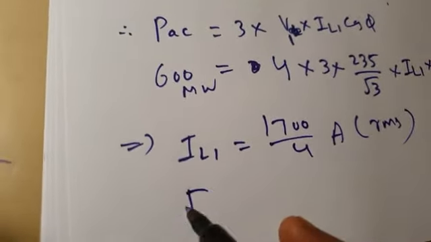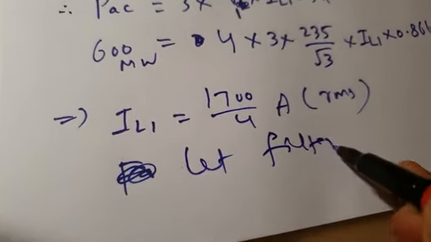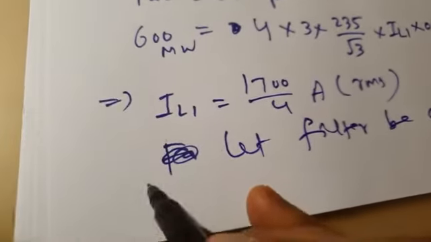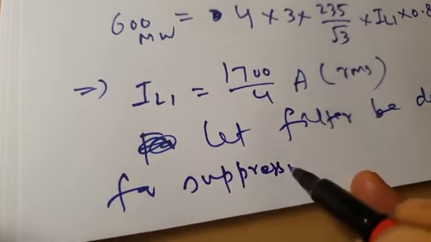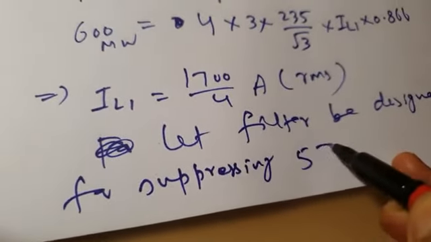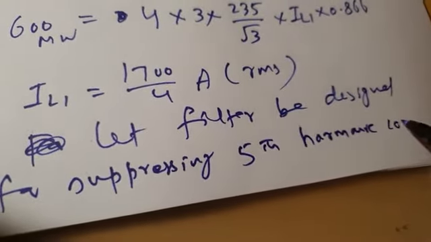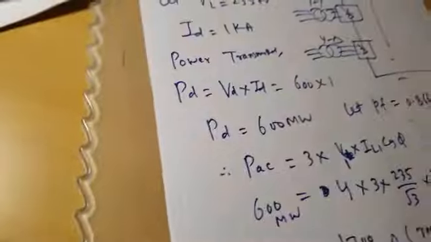Let us suppose the filter is designed for suppressing the fifth harmonic component. We are now putting a filter here, and the filter is designed to filter out the fifth harmonic component.